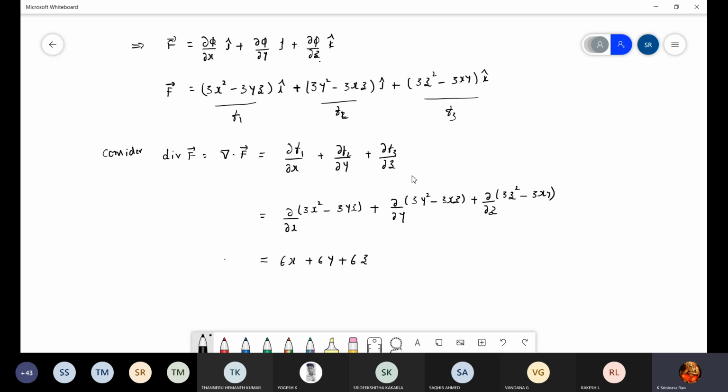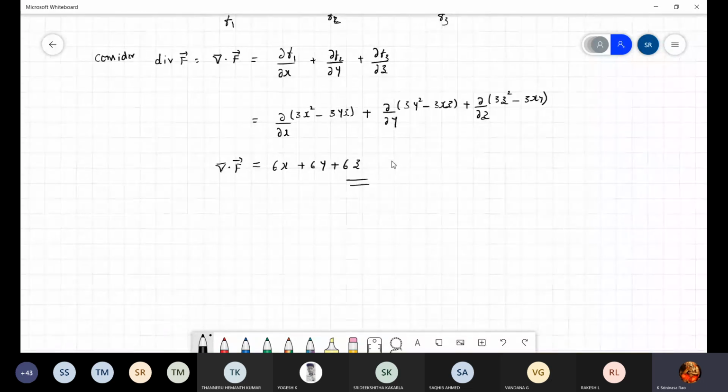So 6x plus 6y plus 6z is div f or del dot f. Okay, so this is one solution. If it is a 6 or 7 marks question, 2 marks are for calculating vector f using the gradient, 2 marks for divergence, it is simple. And if it is 7 marks, we will allot 3 marks for curl.